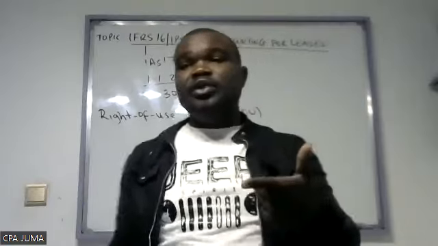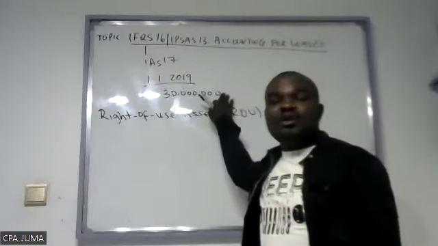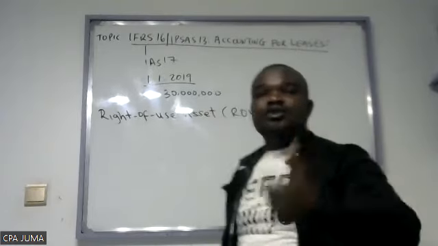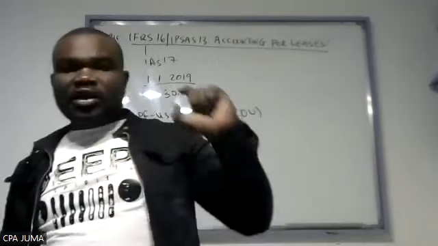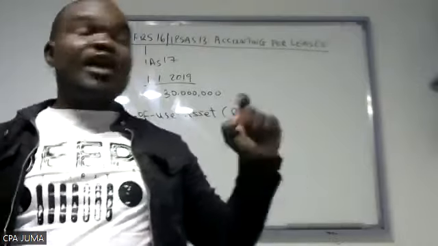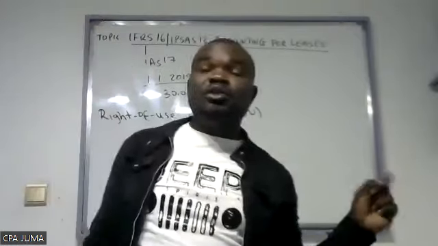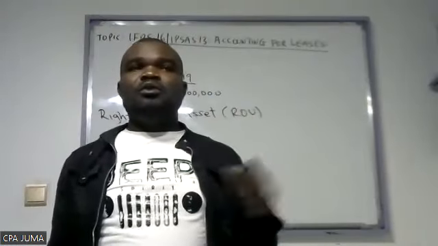At the same time, our right to use the asset when quantified in monetary value is this 30 million. So that is our right of usage. Remember, a right is an intangible asset. We talk of even the others, the copyrights, the trademarks, and the rest.